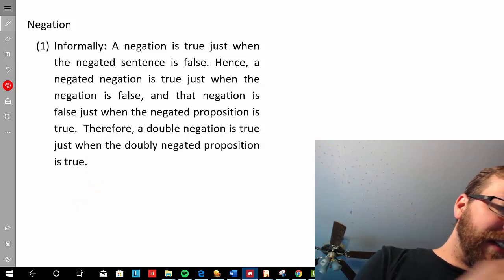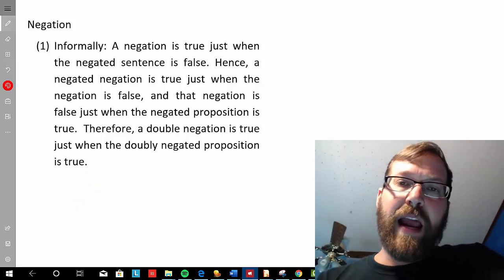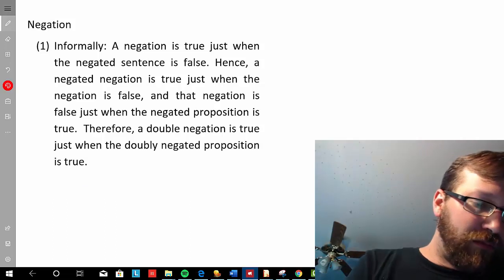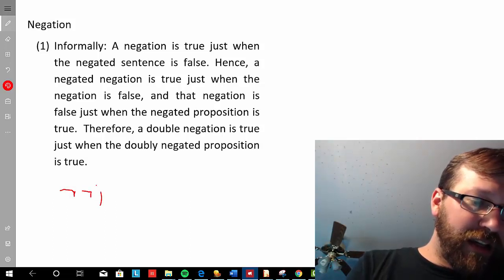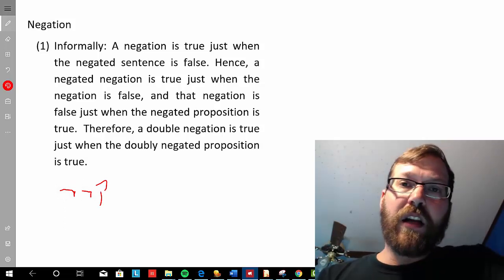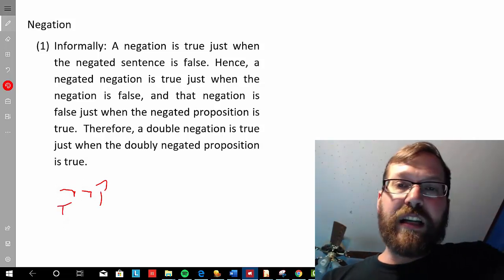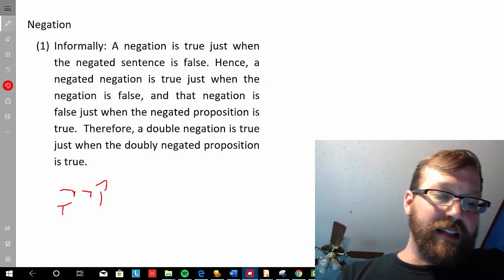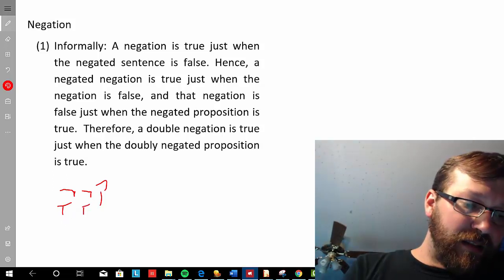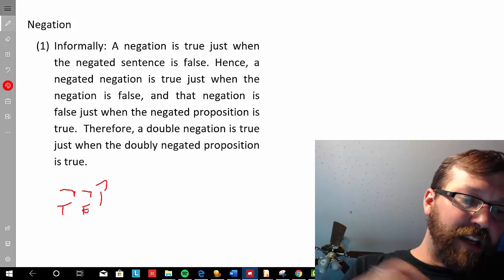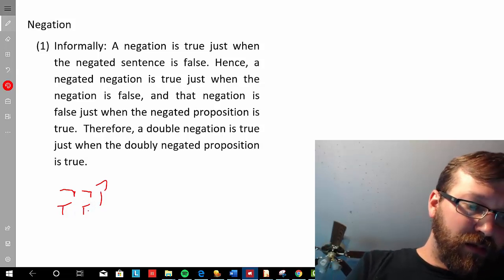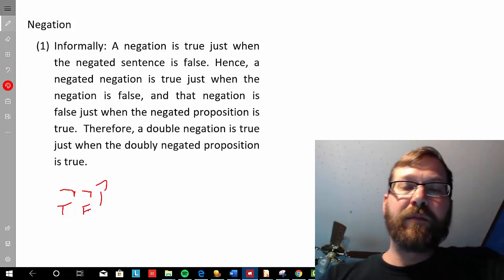By the same sort of reasoning then, if we have a negated negation, so for instance, not the case not the case P, it's going to be true just in case the negated sentence, which itself is a negation, is false.